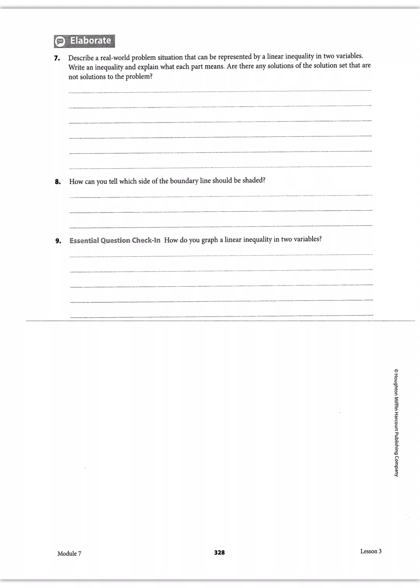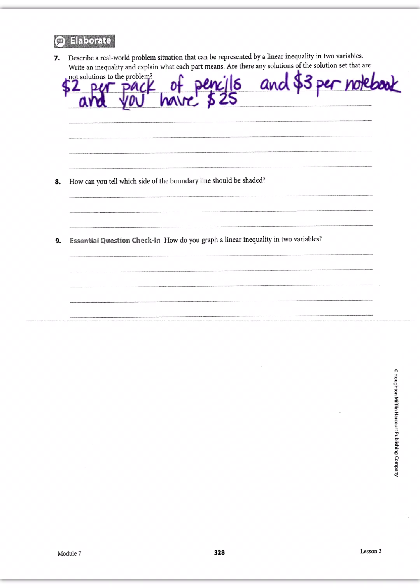So it's $2 per pack of pencils and $3 for each notebook. And you can spend at most $25. So then we are going to write the inequality. 2x plus 3y has to be less than or equal to 25.